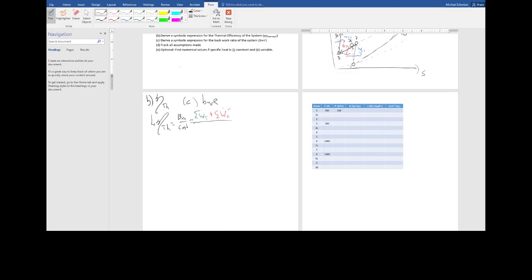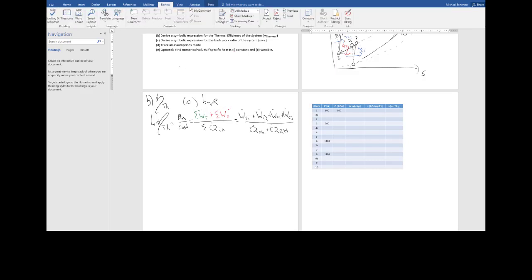And then I divide that by the sum of all the places where I add heat. So this is going to be W dot turbine 1 plus W dot turbine 2 plus W dot compressor 1 plus W dot compressor 2 divided by Q dot of the combustor plus Q dot of the reheater.